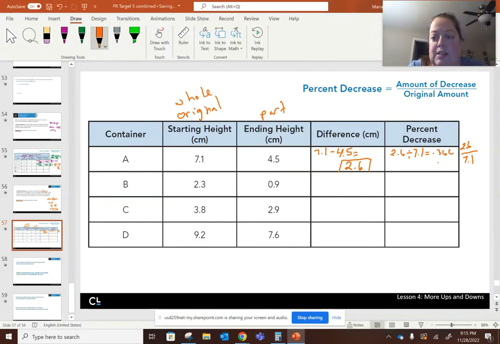So I have to move the decimal point over 2 spaces or multiply it by 100, which gives me 36.6%. And it's going to be a negative because it's a decrease. So the ending height was a decrease of 36.6%.